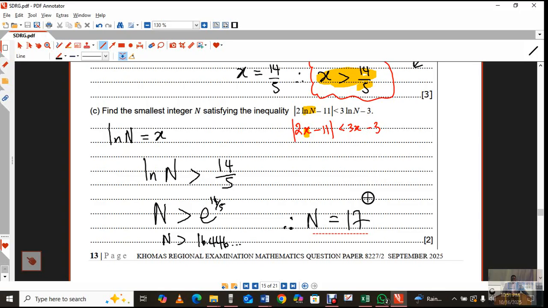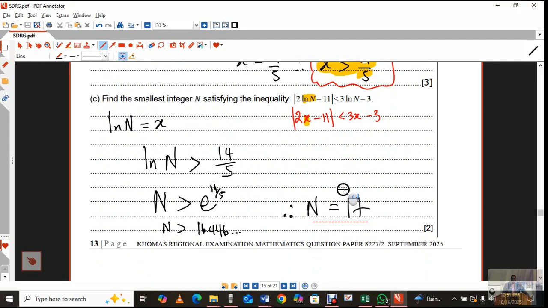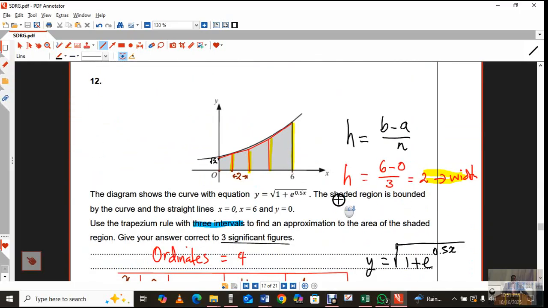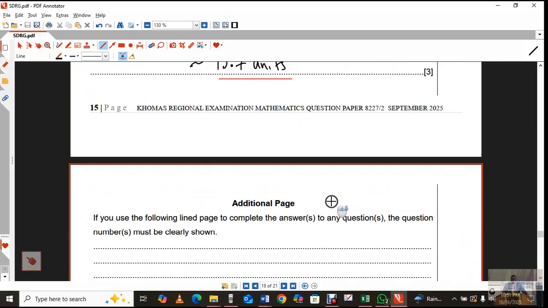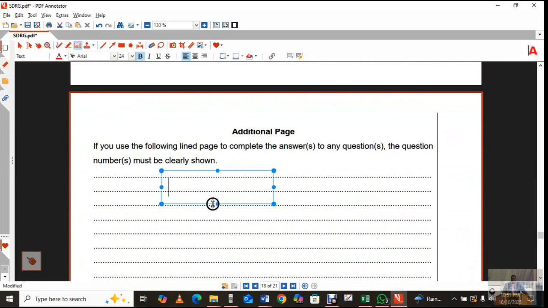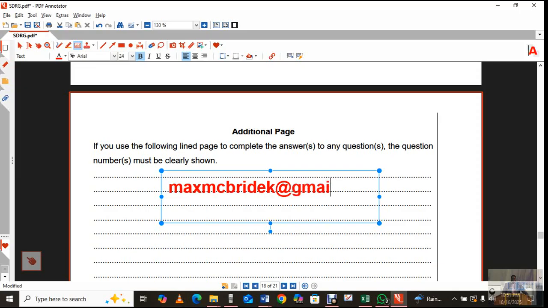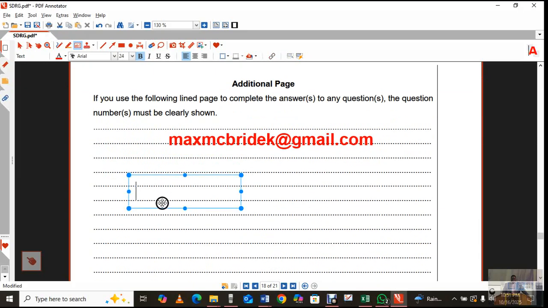I will be sharing it on my Google Classroom codes, where you can download them, or you can get in contact with me so that I can forward it to you, provided you give me an email address. You can reach me at this address, gmail.com.